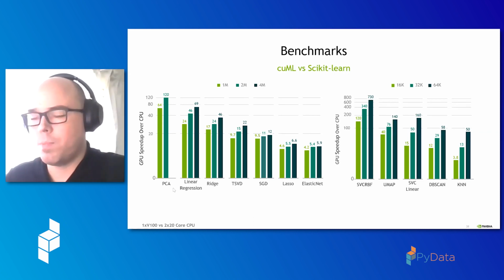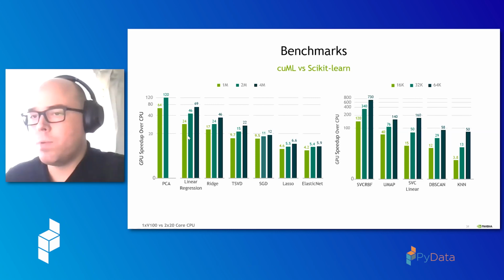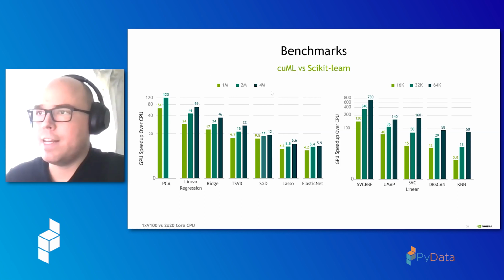And that acceleration extends beyond just principal component analysis. What you're seeing here is a comparison of a single GPU, so Volta V100, to 2 20-core CPUs. We have 2 tables here because some of those algorithms are quite lightweight and have a low memory footprint, so we can fit very large data frames with them.